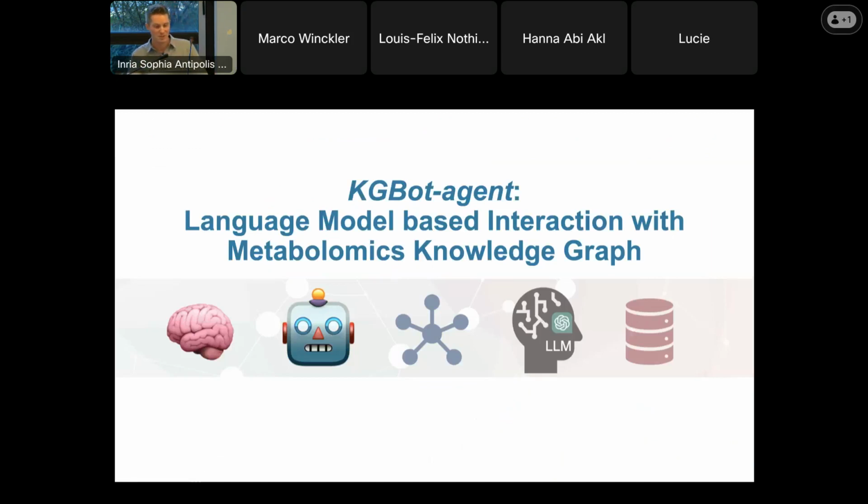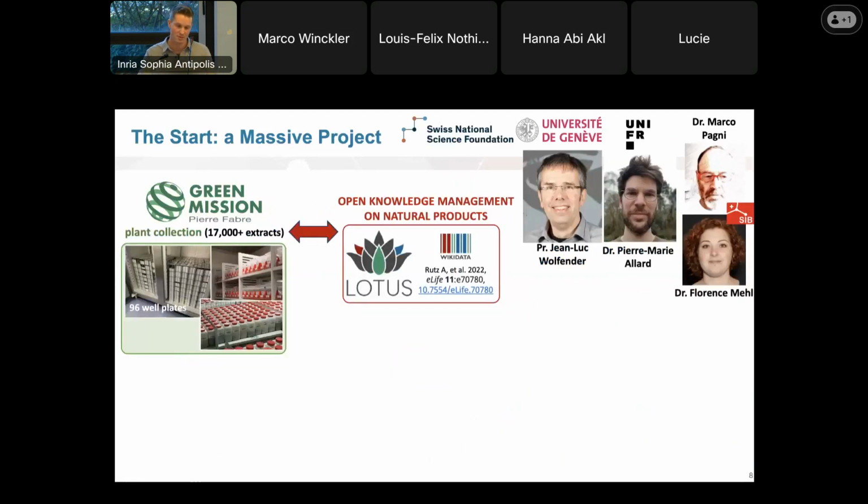So now switching to the KGAI-agent, and this project aimed at bringing some large language model capabilities into metabolomics. So let's start from the context of this study.